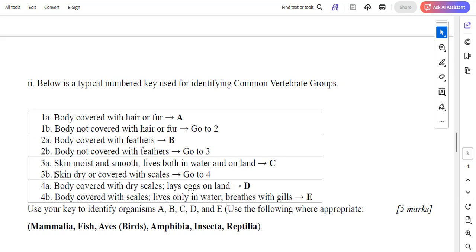Go to 4. 4A, body covered with dry scales, lays eggs on land. So we have D. 4B, body covered with scales, lives only in water, but breathes with gills. You have E.